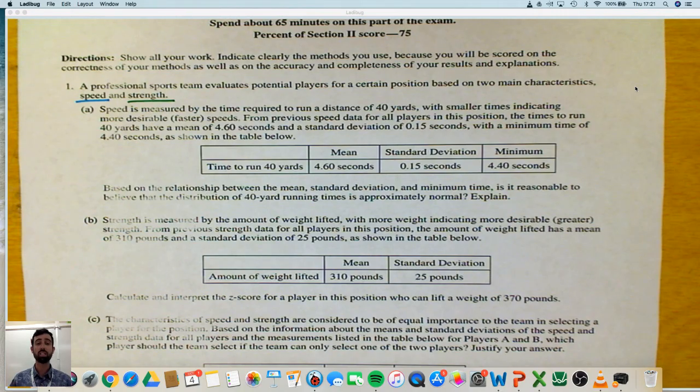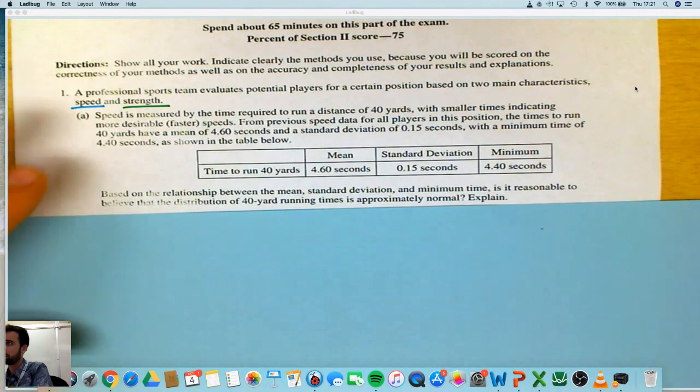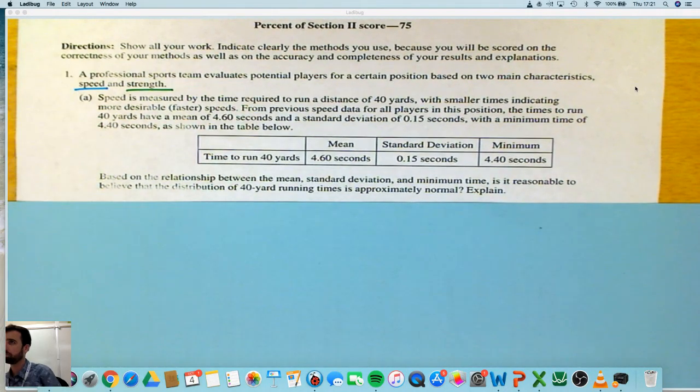So we want to know, based off the data that we see, is it reasonable to think that this is approximately normal? There are a couple ways we can tackle this problem. First, let's draw a box plot. Or I'm sorry, let's draw the normal curve.